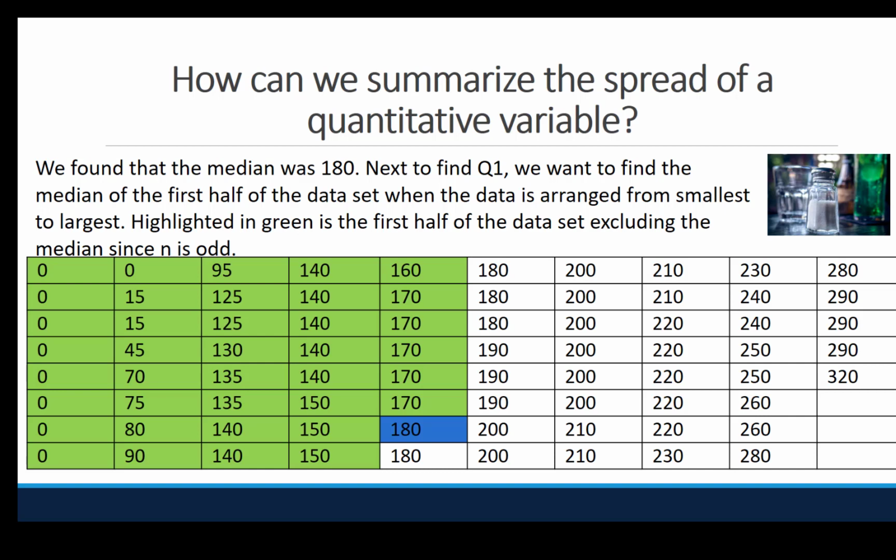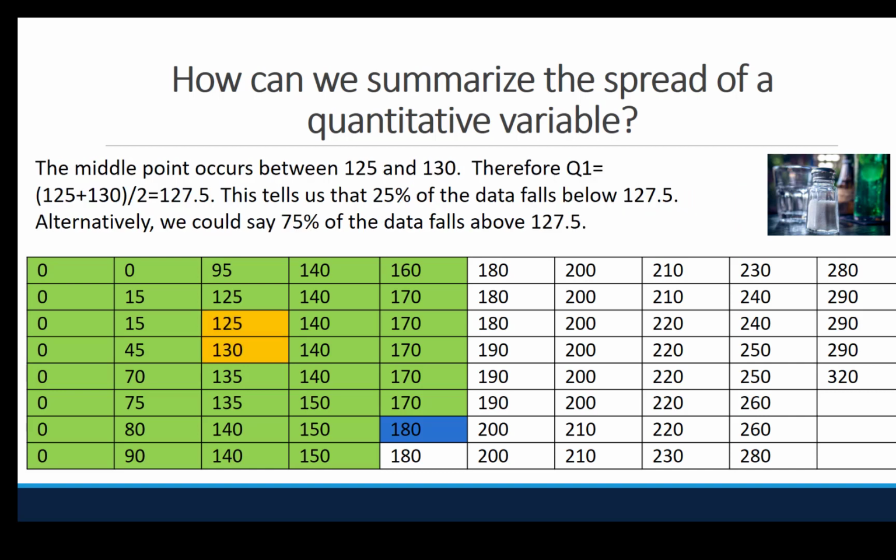The middle data point occurs between 125 and 130. Therefore, Q1 is equal to the average of these two numbers, which is 127.5. This tells us that 25% of the data falls below the value 127.5. Alternatively, we could say that 75% of the data falls above 127.5.